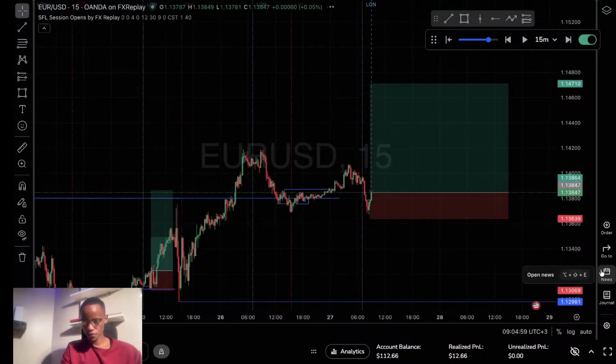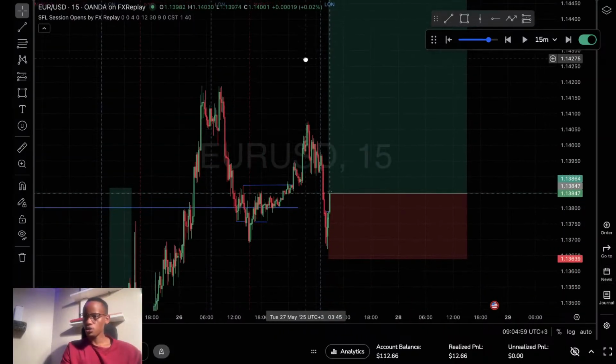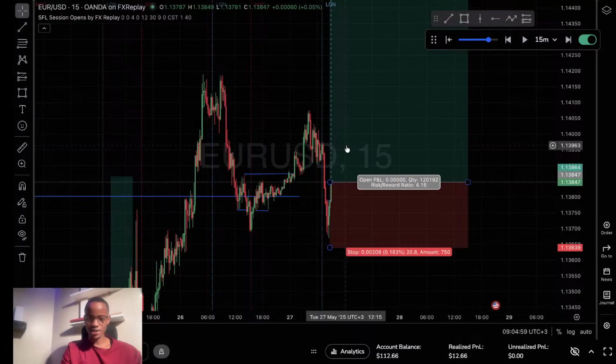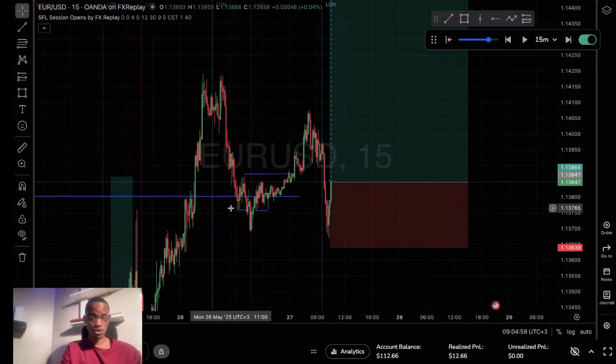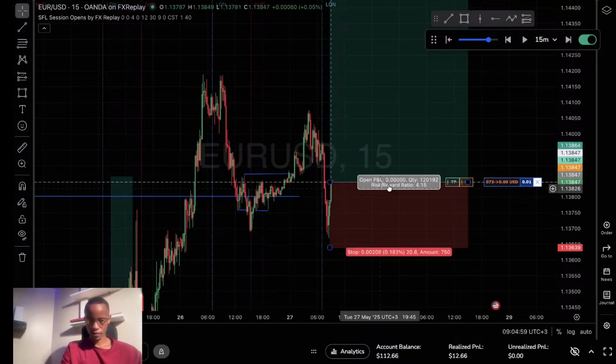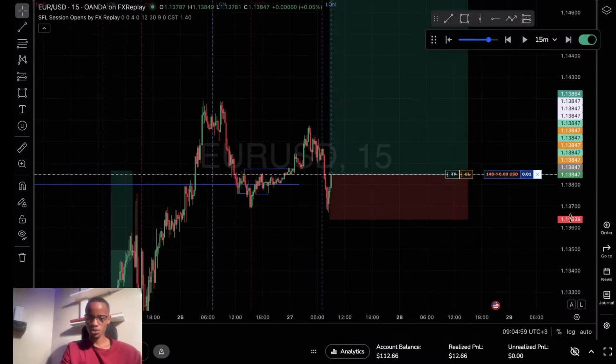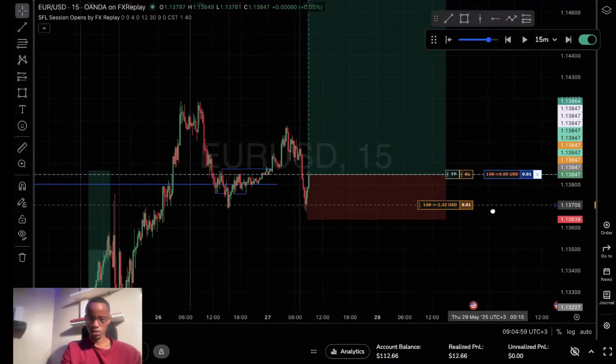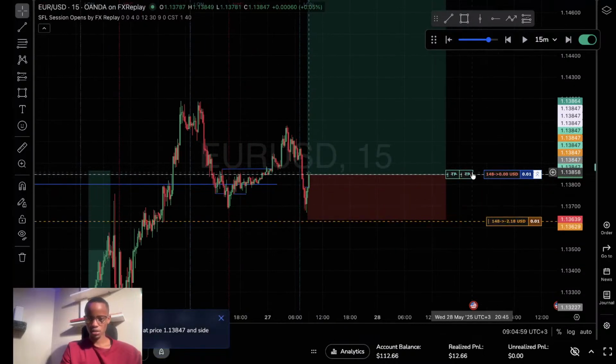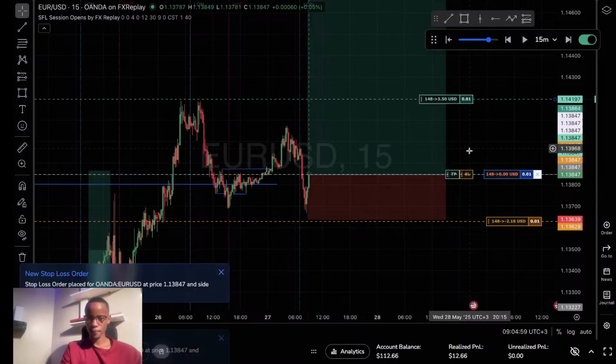Let's go back to M15 to see how it's going to play out. Maybe this is our last trade, or maybe we have one more trade, but let's see. This is $2, $2, $2. I'm going to risk $6 on this trade.